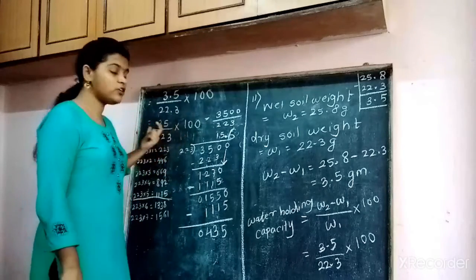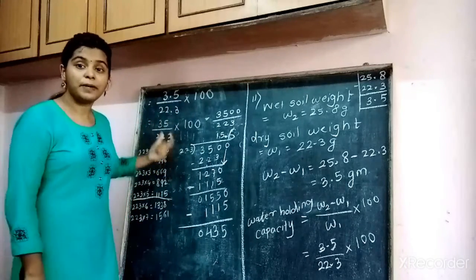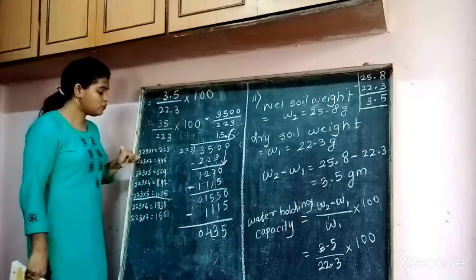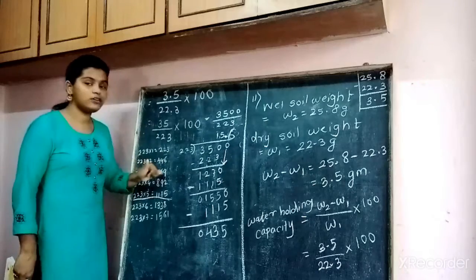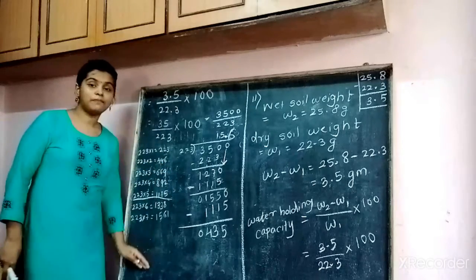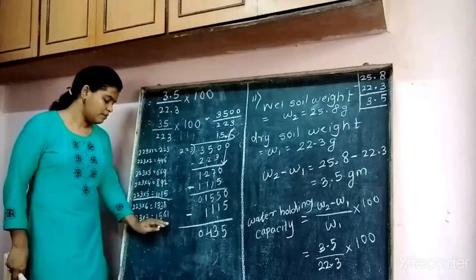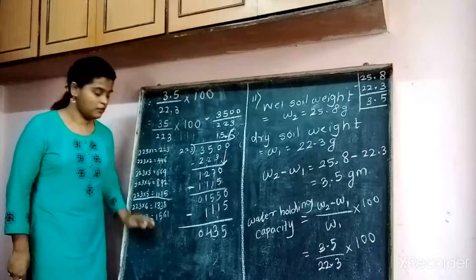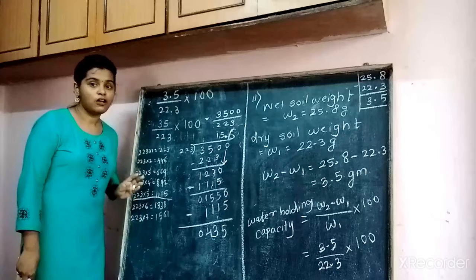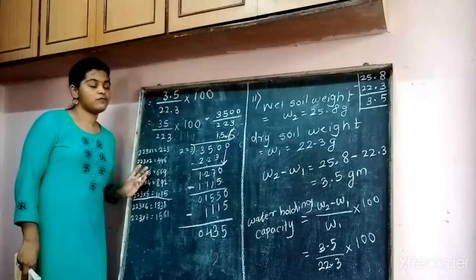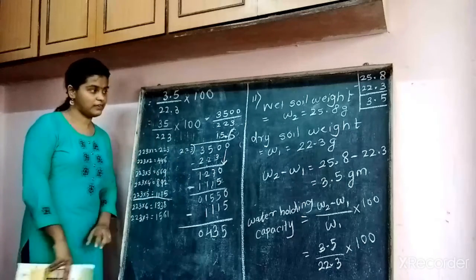So first we will prepare a table: 223 into 1, 223 into 2, 223 into 3, and so on. You can prepare it till 10, but let's take till 7. I am not showing you how to do the multiplication because you know it.